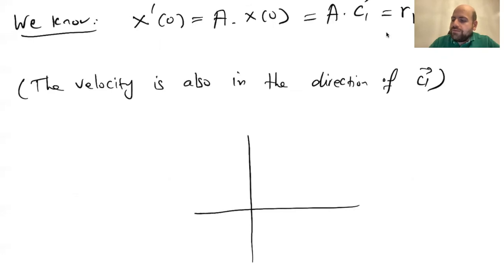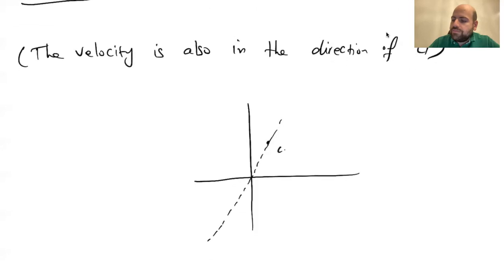So let's say if this is C1, and this is the direction of C1, so the velocity is in the direction of C1. So the particle remains in the same direction, which means that, let's say after some t, let's say at t equals 1, the particle still is in the direction of C1. So I can say that the location of the particle is, let's say, some constant times C1.